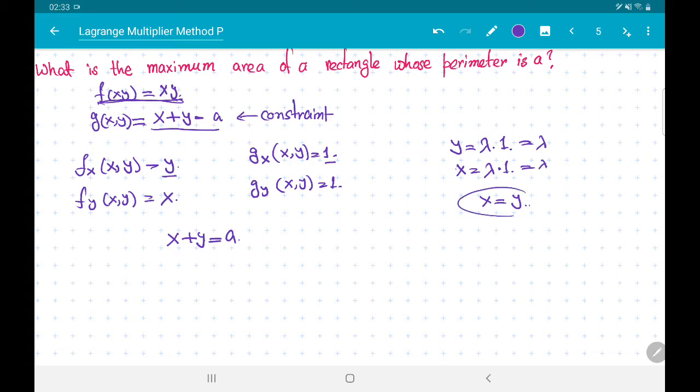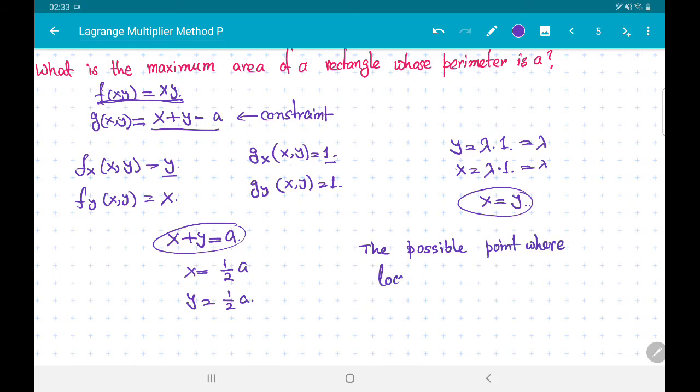So now we have two equations with two unknowns: x plus y is equal to a and x equal to y. So this gives me x is equal to half a, or a by 2, and y is equal to half a. So what is the possible point? I write the possible point because there is only one possibility, x and y are both half a. So the possible point where the local maxima occurs is a by 2, a by 2.